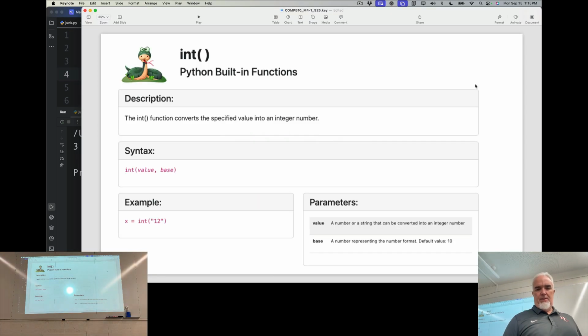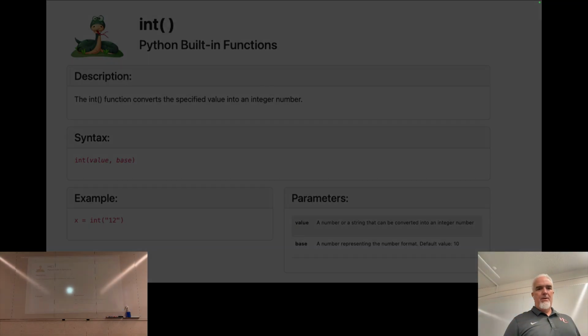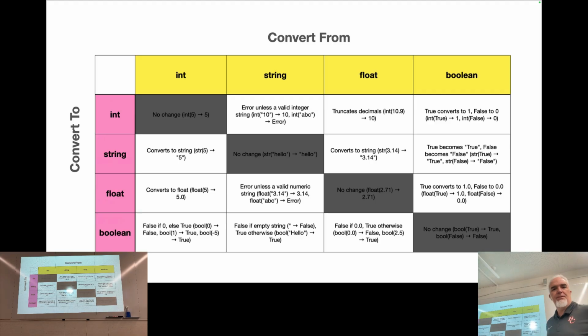So I made this little table for us that helps us with most of the conversions. Okay, so converting from on the top. So if I convert a string to an integer, it gives you an error unless it's a valid integer string.